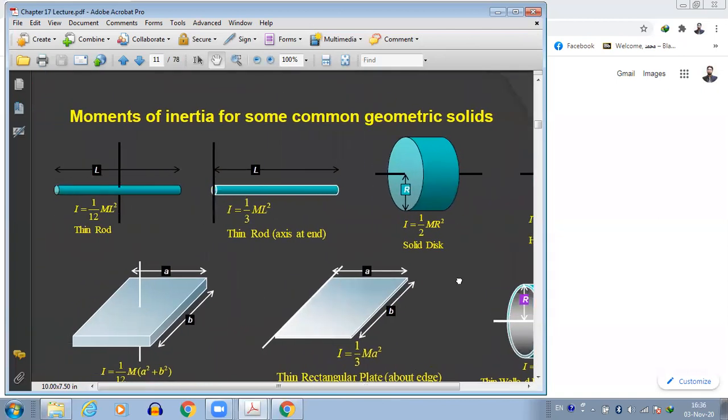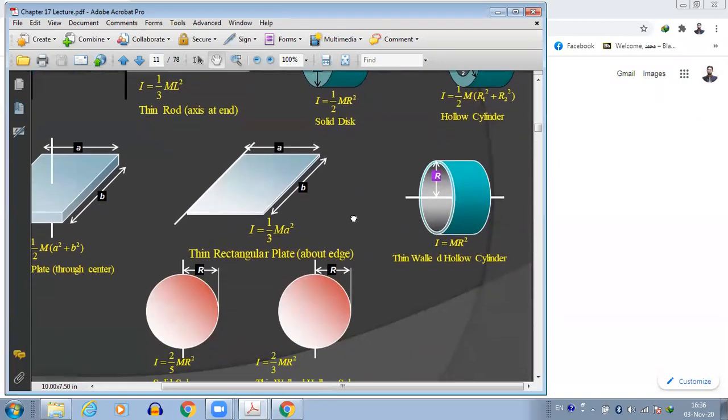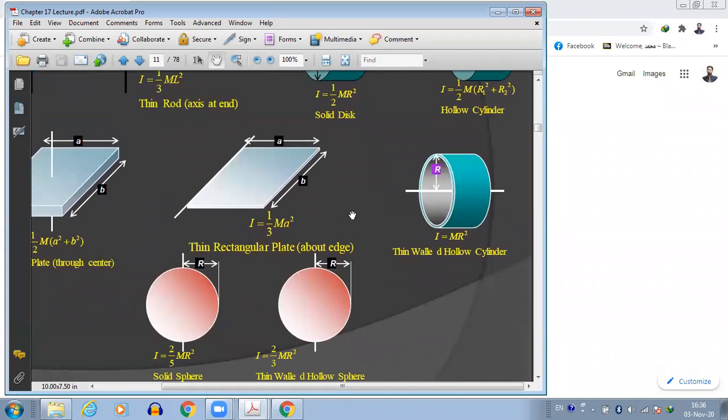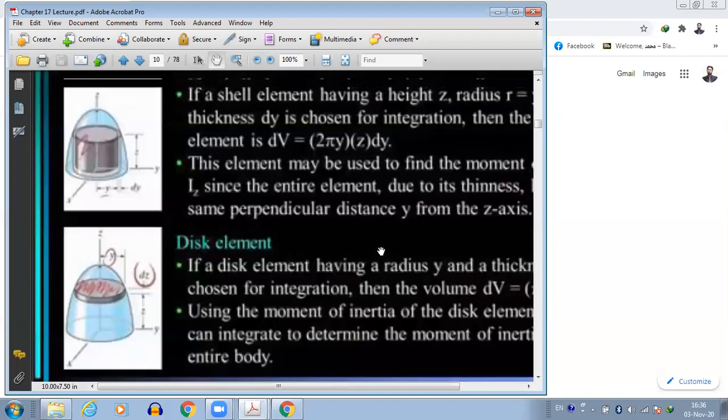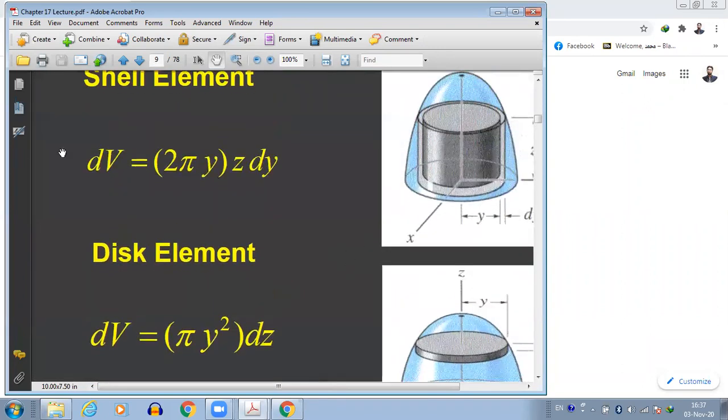Before moving forward, I need to ask, is there anything which is not clear so far in the slide? Okay, the student is asking, should we remember the shell and disk formula? If you mean this, then yes, you should remember this.